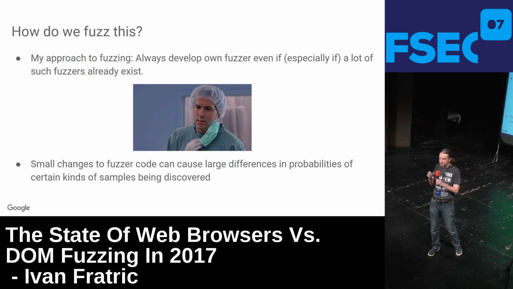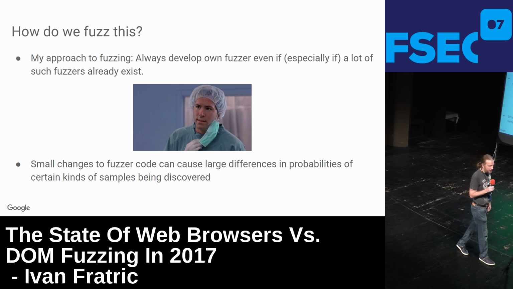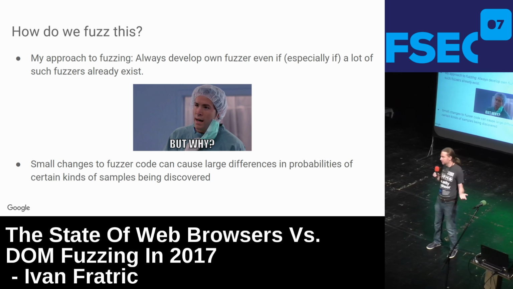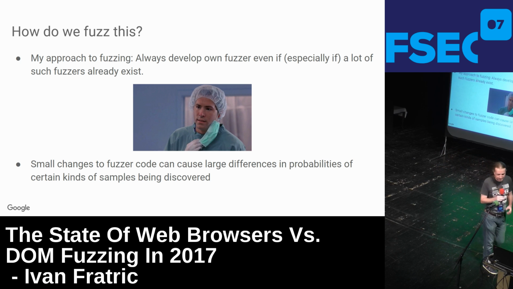But that very small thing might have a butterfly effect, which might cause my fuzzer to generate certain samples with greater probability and enable my fuzzer to discover bugs that other fuzzers might have overlooked. Or it might happen that I just like writing fuzzers, so pick the actual reason.